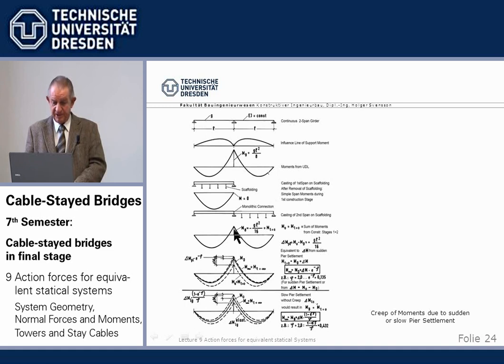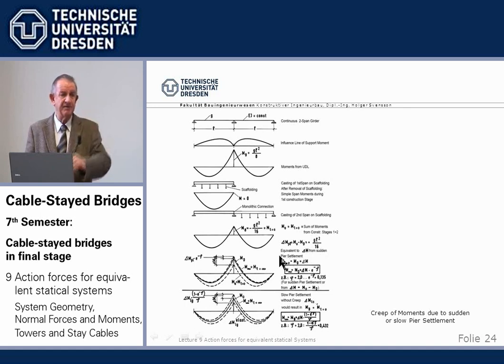If we at the end of construction have a different moment there, then the difference between this moment and the rigidly supported, here we go again, this distance is reduced by creep by the amount delta M times e to the power of minus phi.